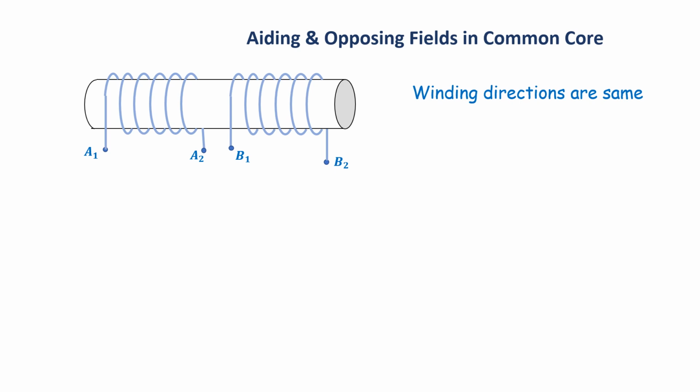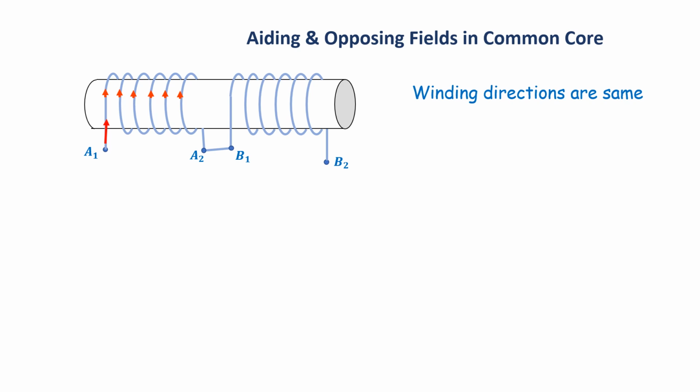Now we will connect these two coils in series. The end terminal A2 will be connected to the starting terminal B1. This is the connection made. Now pass current from A1.